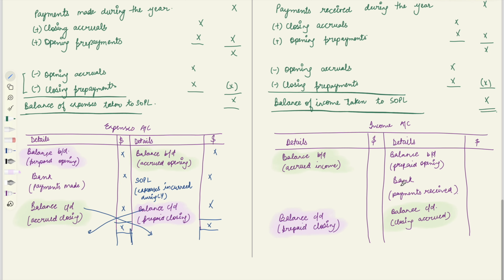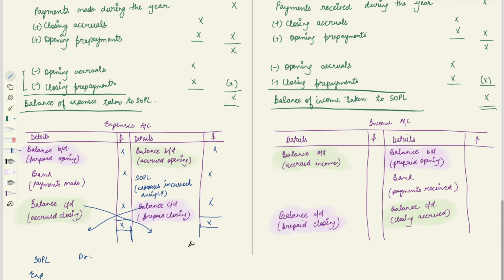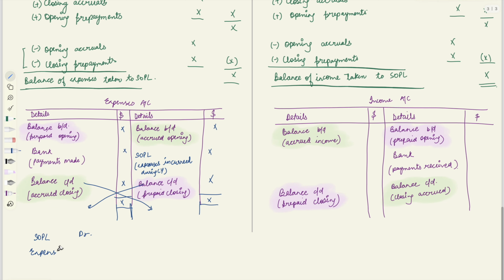Then after that, we need to include the balance that we take to our statement of profit or loss. The balance taken to statement of profit or loss for income will always be statement of profit or loss credit and your income account debit. Here it was statement of profit or loss debit and expenses account credit. Here it's going to be income account debit and statement of profit or loss credit.